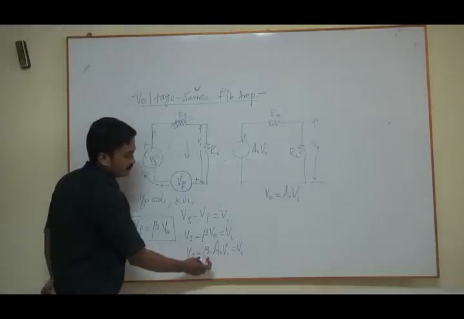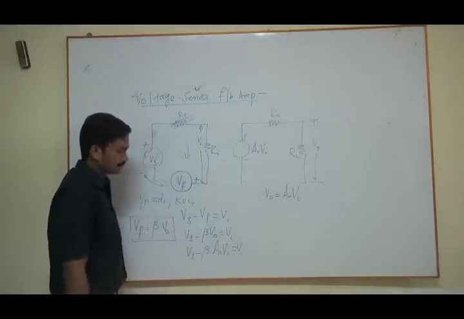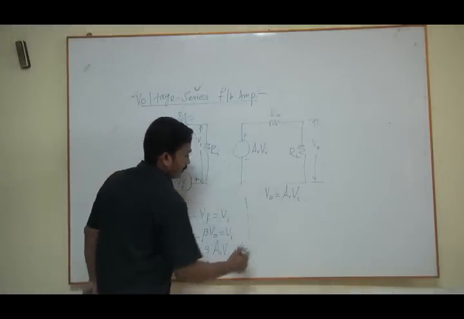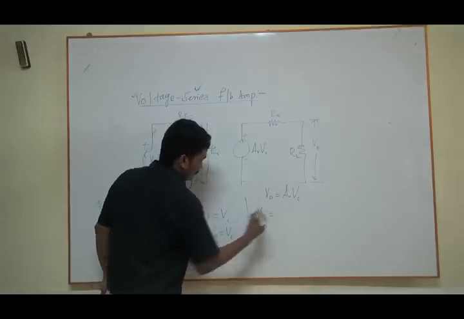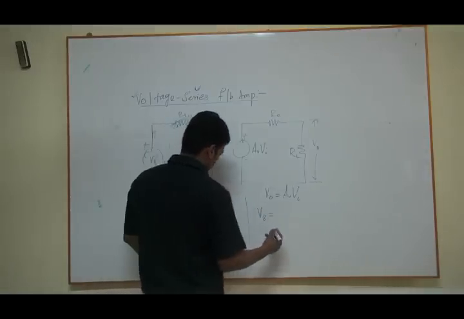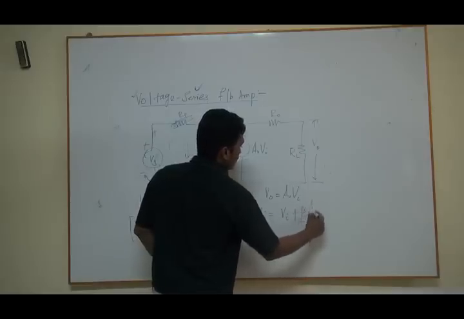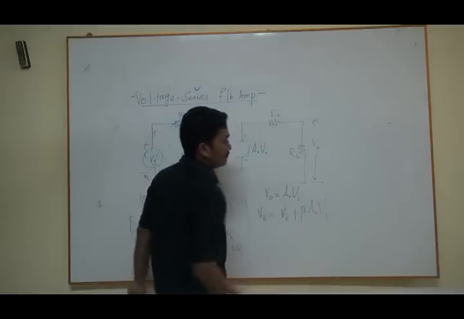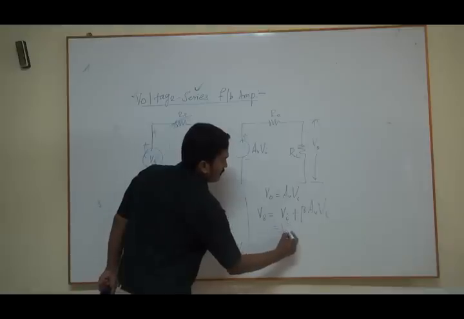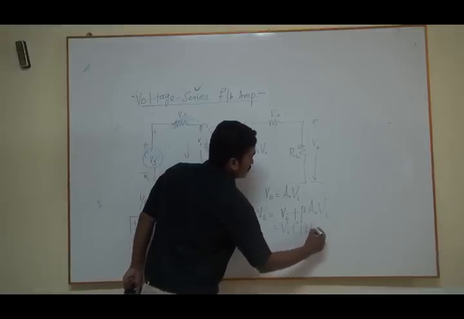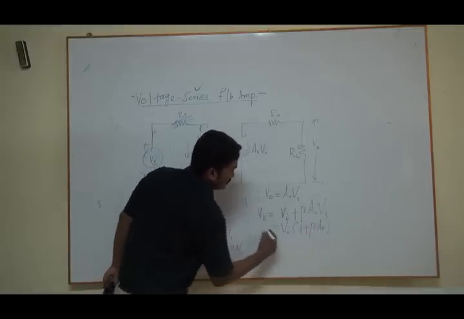Bring this term to this side, and you will get Vs equal to Vi plus beta AV Vi, and Vi is common, so Vs equals Vi into 1 plus beta AV.